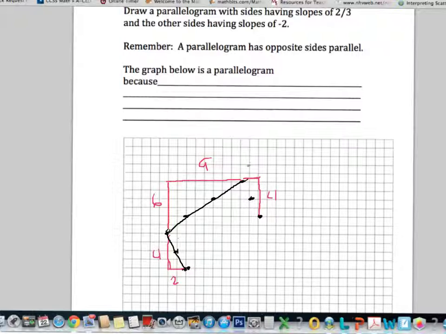So that's going to be a 4 by 2, and the hypotenuse is formed with that side of the parallelogram.